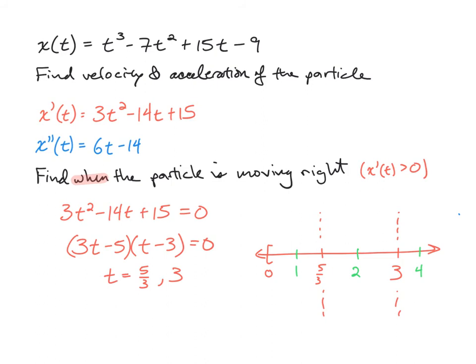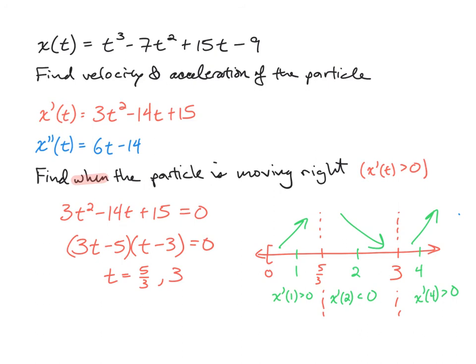If we put 1 into this derivative, x prime of 1 is positive, so moving right. X prime of 2 will give you something that is negative. That means we're moving left. If we're decreasing, we're moving left. And x prime of 4 will again be positive.